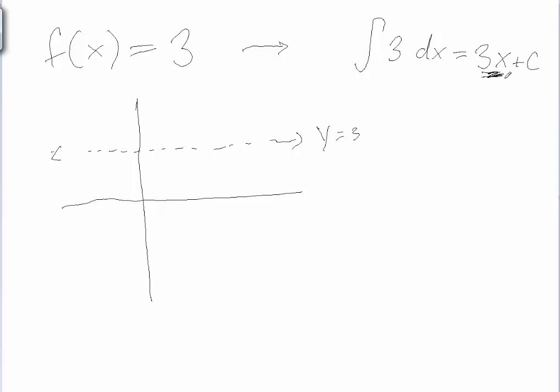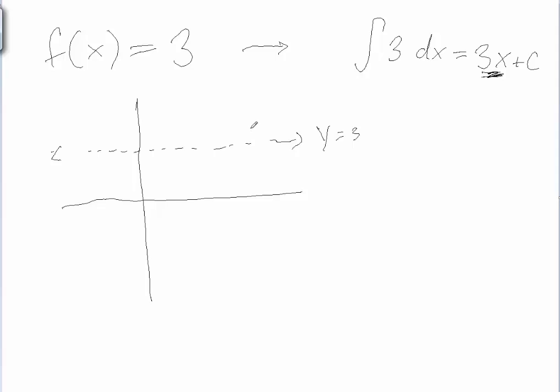That's the antiderivative. And checking, the derivative of 3x would be 3. Now, how we're going to think of the antiderivative is as an area under a curve. So here's a curve, this line y equals 3, and here we can find the area under it.